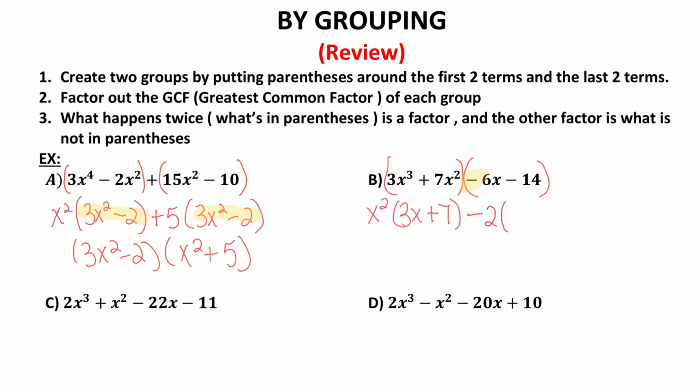Negative 6x divided by negative 2 is 3x. Negative 14 divided by negative 2 is a positive 7. So again, our parentheses match. That's our first factor, and our second factor is what's on the outside.